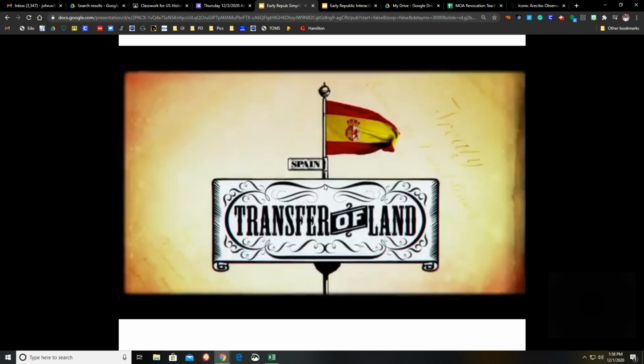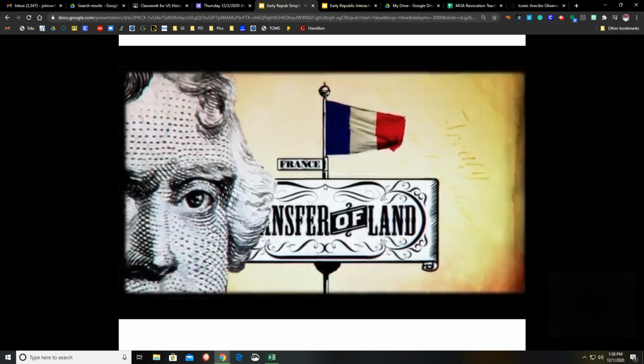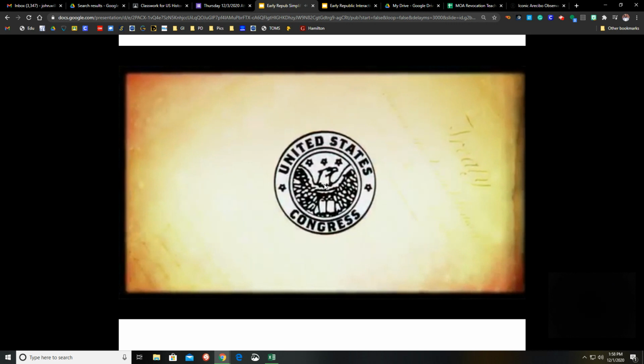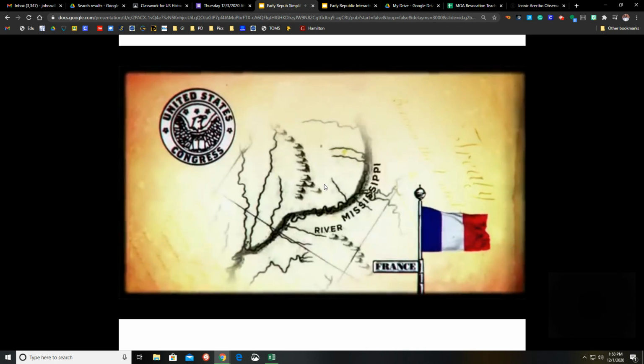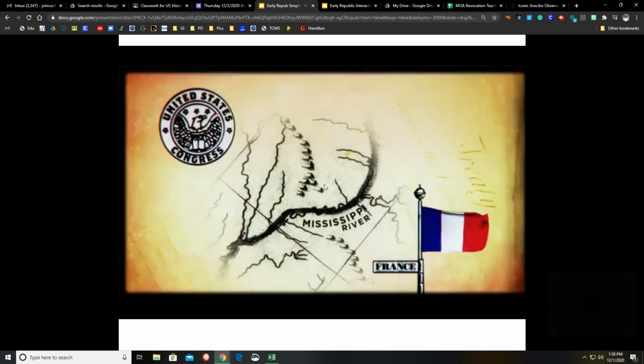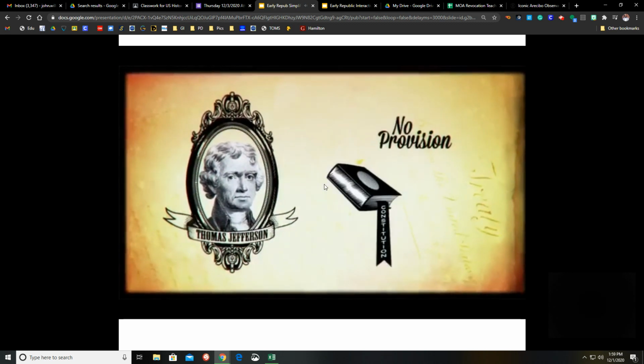Spain secretly transferred the Louisiana Territory to France right beneath Jefferson's nose. When Congress found out, they quickly began discussions with France to buy a piece of the territory along the Mississippi River for about $2 million. But there was one little problem. Jefferson knew there was no provision in the Constitution to buy foreign territory.